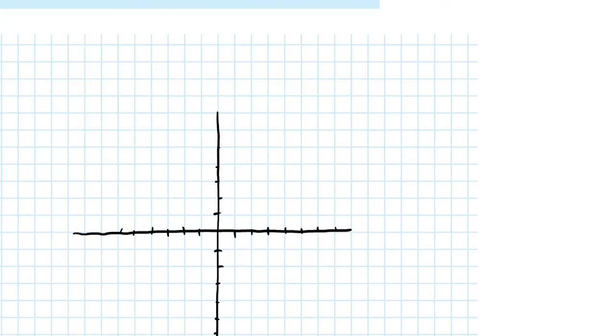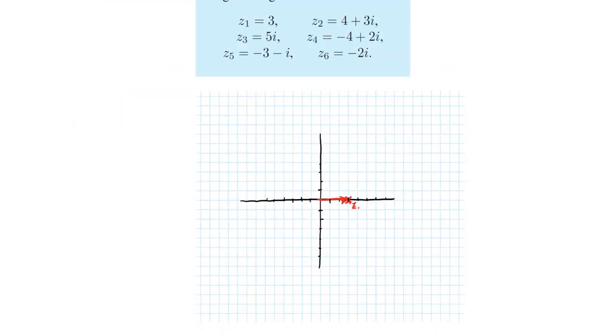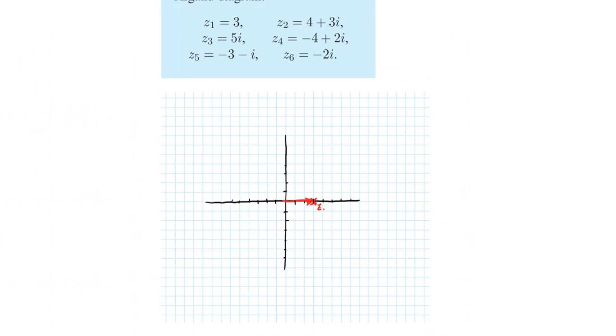Z1 is just the number 3. Well, the number 3, okay, let's write it there, look. It's just that, isn't it? Right, okay, if I was going to draw those arrows in again, I might write it like that. Okay, but that is representing that value there, look, of 3. What about Z2? So we've got 4 in the real direction.